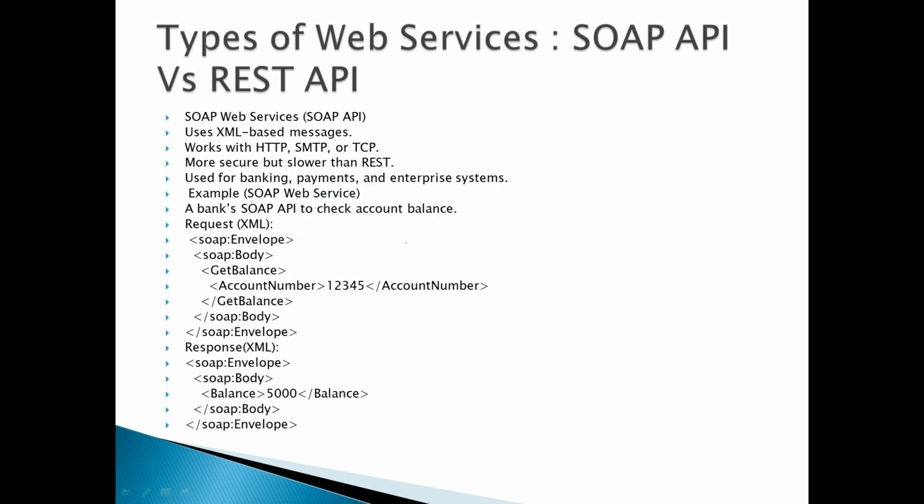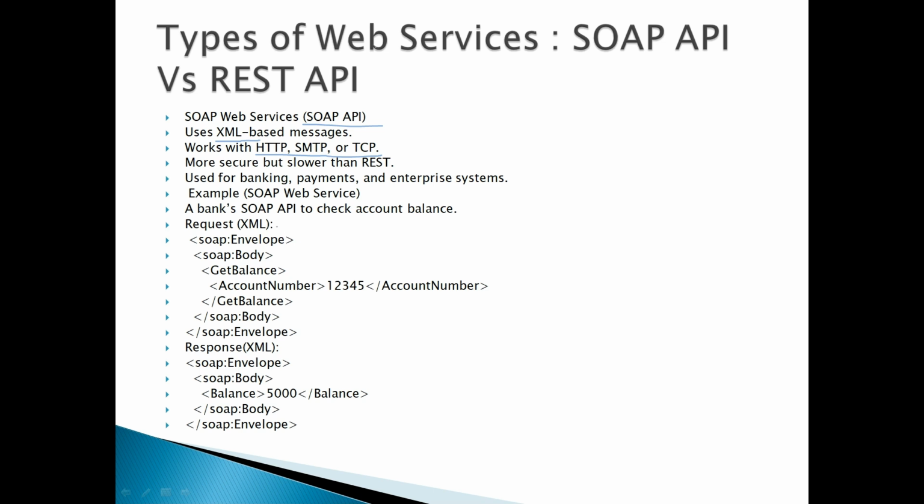Similarly, there is SOAP API. SOAP API is using XML, which is heavy. It is a little slower but more secure. It works with HTTP, SMTP, and TCP. It is used for mainly banking, payment, financial institutions, enterprises.